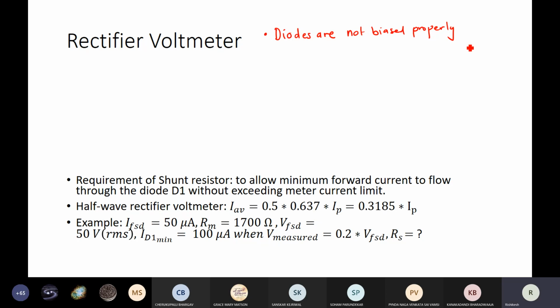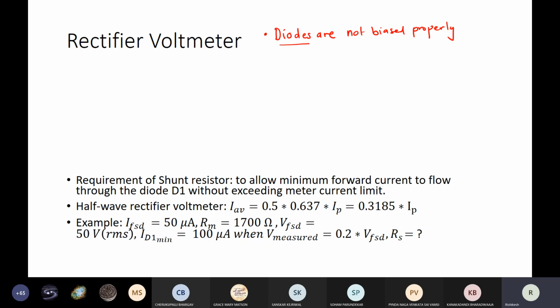Below the knee voltage, to operate the diode beyond the knee voltage, in the linear range, we need some current passing through the diode, so that the voltage drop across the diode will be beyond the knee voltage and it will be operating in the linear range.